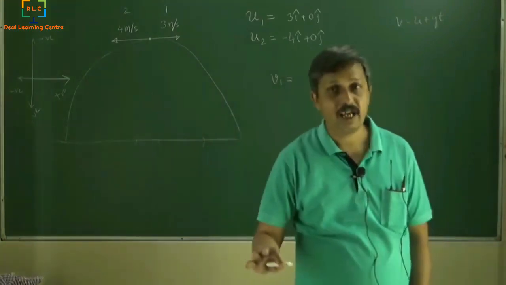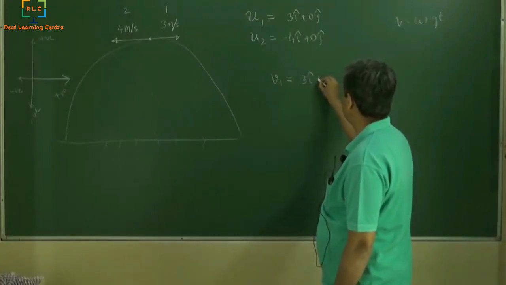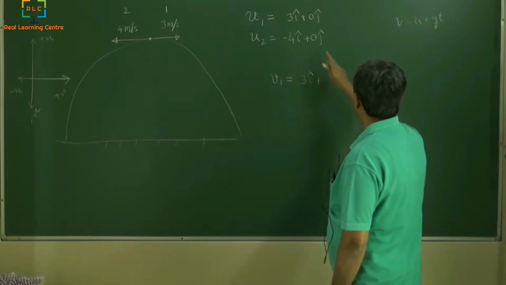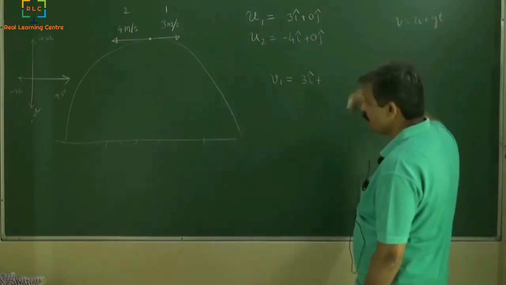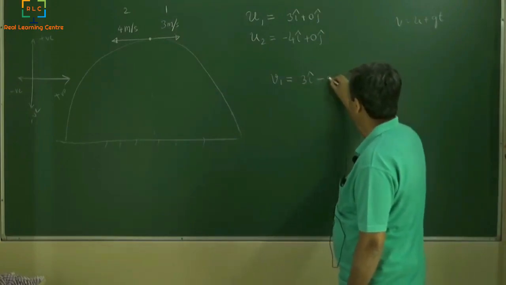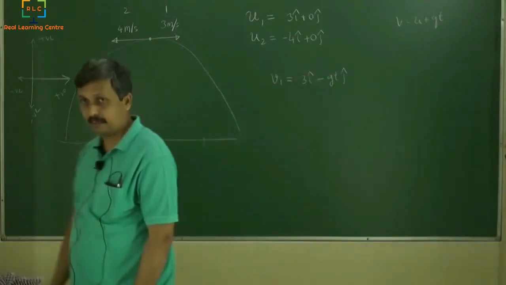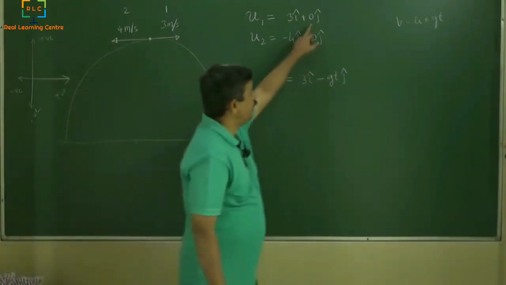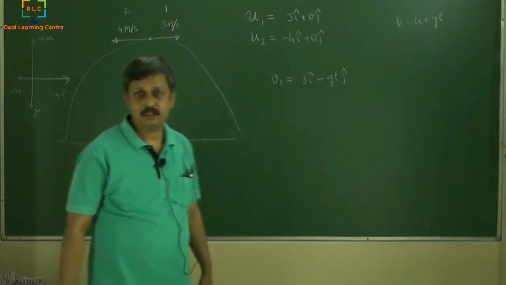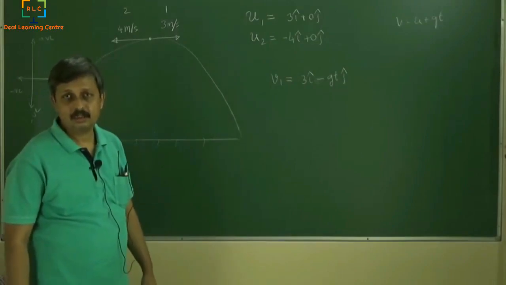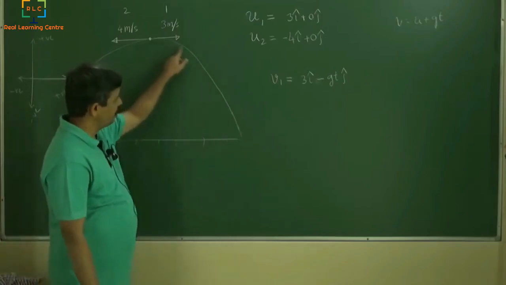So if I want to write down the velocity of the first particle at any point in time, I will write it like this: 3i cap plus, in this place, 0 plus gt, but downward is negative, so I write minus gt j cap. See whether you agree. The 0j cap is the beginning. i is horizontal velocity, j is vertical velocity, of the same object.